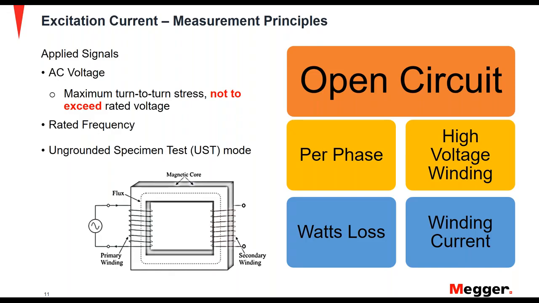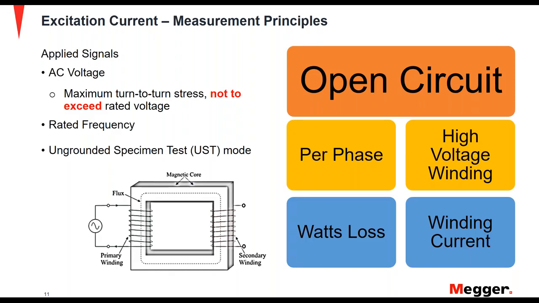So you have volts per turn. And once you have that volts per turn, that's multiplied by the number of turns, and that's how you make up the voltage across the entire winding. That's why it's so important to go to that building block of the transformer winding to induce stress, and to make sure that this stress is not breaking down the insulation. However, again, I would like to reiterate that the stress that you have to induce in the excitation current test should not exceed the rated voltage.